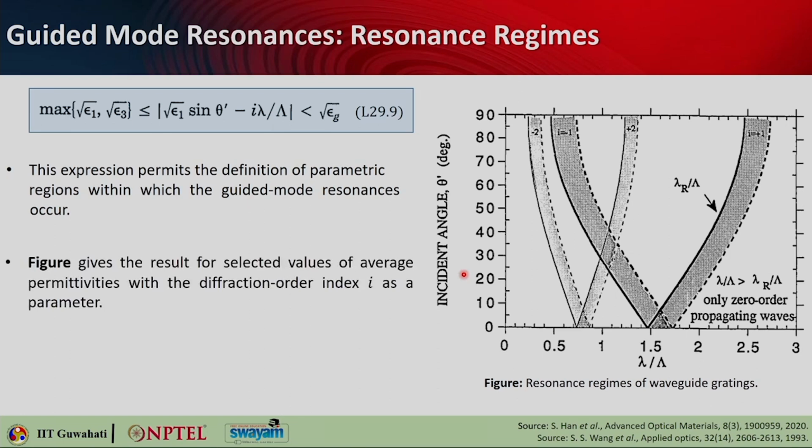This gives you the selected values of the average permittivities with the diffraction order I as a parameter. Here you see this is for I equals plus 1, this is I equals minus 1, this is I equals plus 2, this is I equals minus 2. And again the parameters that we have considered here are epsilon 1 is 1, epsilon g is 3 and epsilon 3 is 2.161.